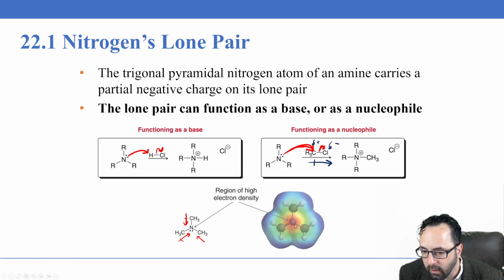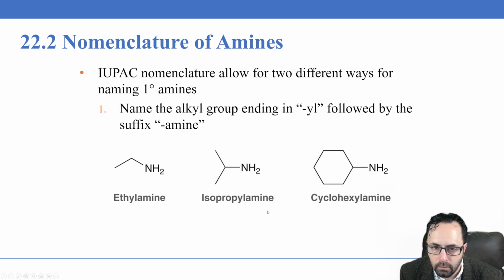If we look at it straight from the top, we have the nitrogen sticking straight up at us, and this is going to be the region of the highest electron density, right around where the nitrogen is, because the nitrogen, being the most electronegative atom among these bonds to carbon, will pull the electron density towards itself. The molecule is asymmetrical, being trigonal pyramidal, and so the electron density is all collected around the nitrogen atom.